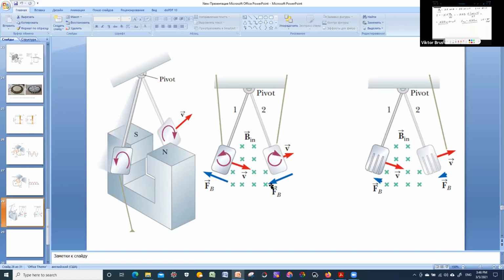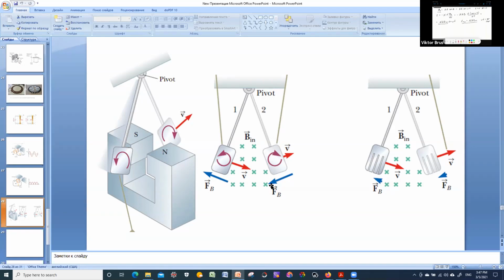And this effect is usually considered as some bad effect because we lose energy for generating these, in many cases, unnecessary eddy currents, and just convert electric energy to heat and warm up our metal constructions.